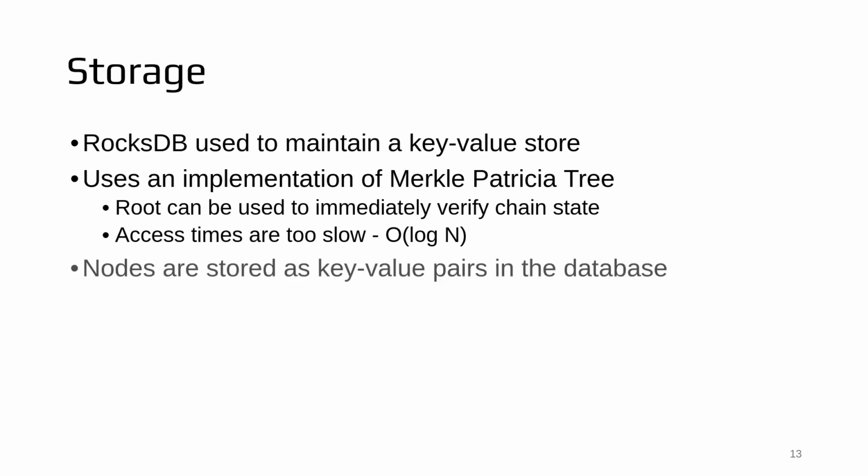So they have a custom implementation of the Merkle-Patricia tree on top of RocksDB so that it can be used as key value pairs. This is a very abstract overview of how storage is implemented in Substrate.